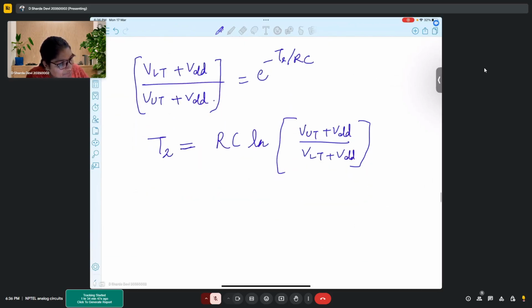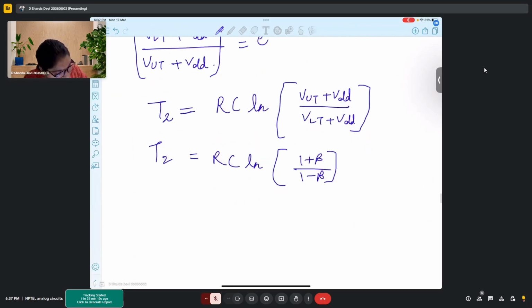Again, substituting the values of VUT and VLT as beta VDD and minus beta VDD, what we are left with is Rc ln 1 plus beta by 1 minus beta.